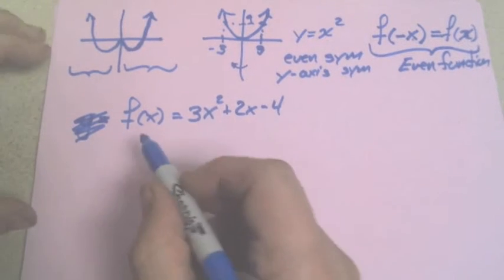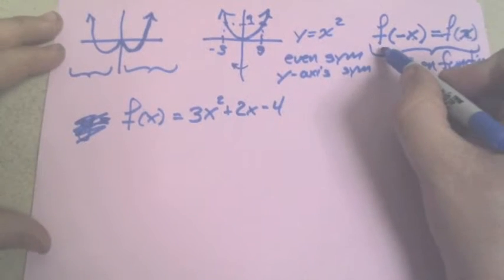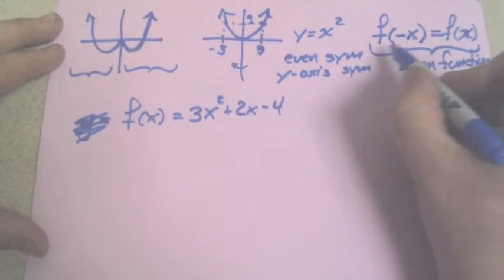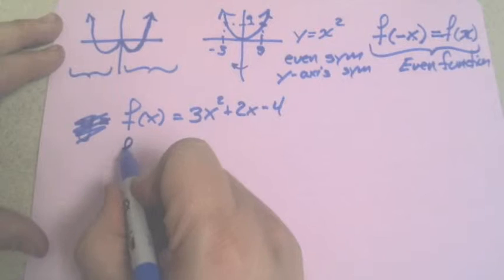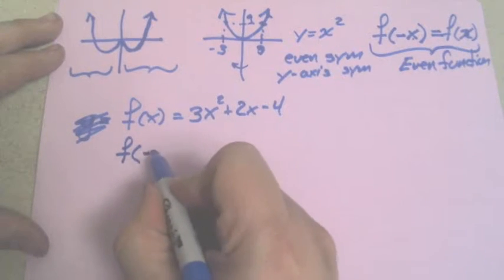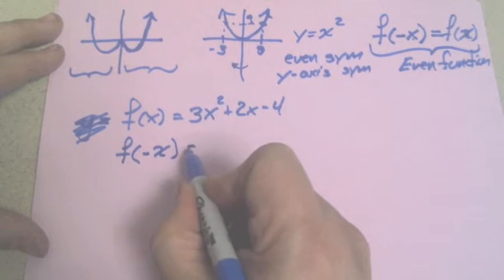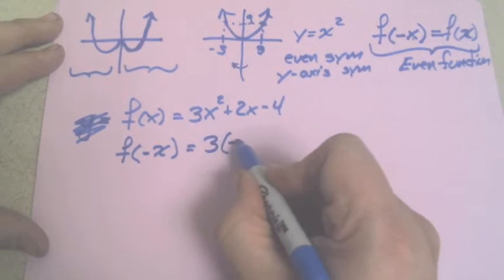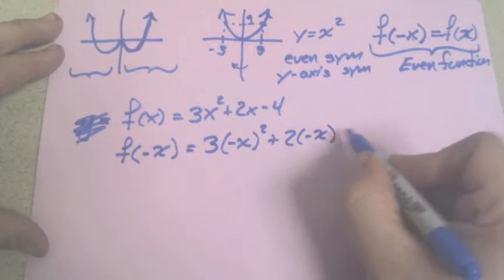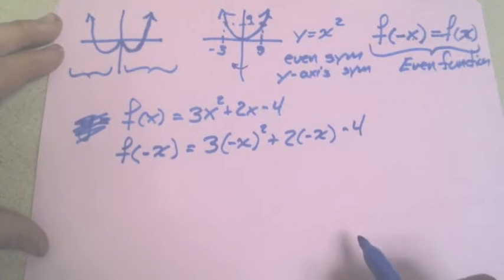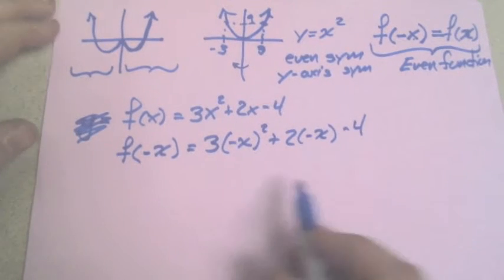But let's check. Again, to check, we want to look at what happens when we put in the opposite of our x value. So I'm just going to put in negative x and evaluate it: 3 times negative x squared plus 2 times negative x minus 4. And simplify this.